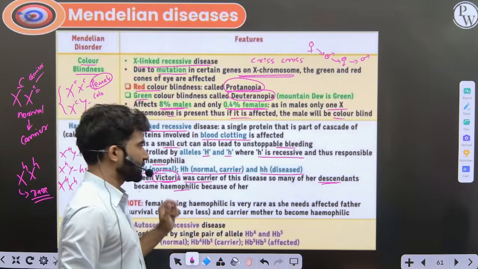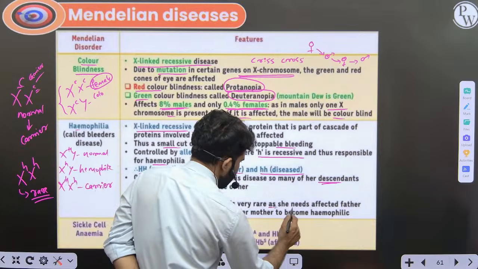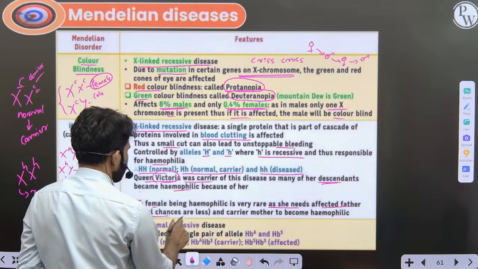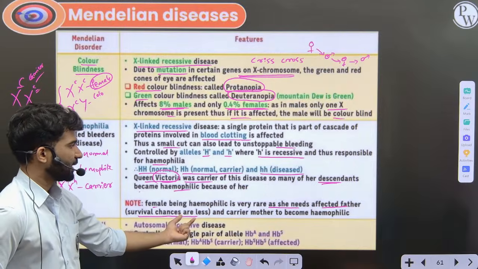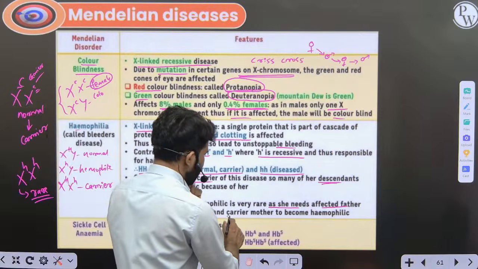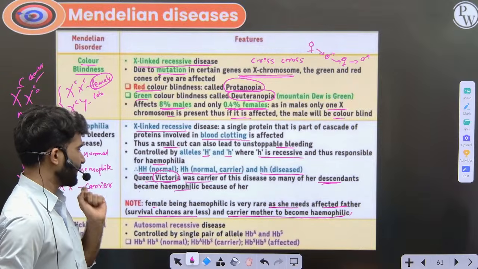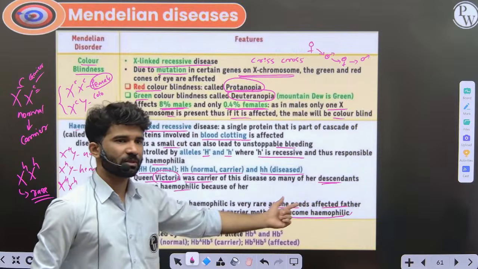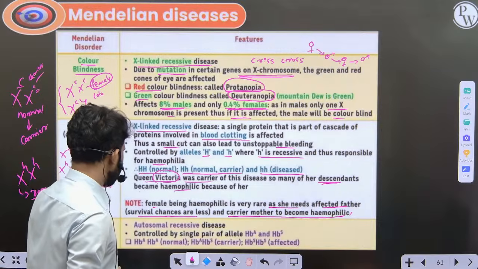So a female being hemophilic is rare, as the father would have to be affected, and the survival chances of such males are low, because even a small cut leads to unstoppable bleeding. So it is a very rare condition.